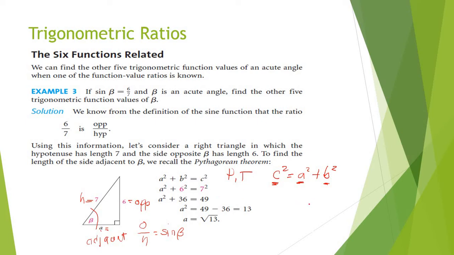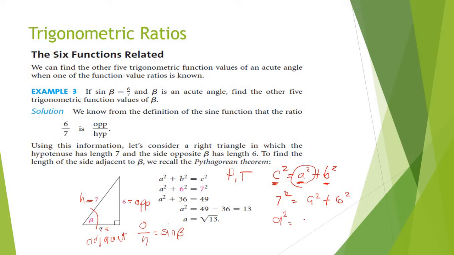In this example, he is using a as your adjacent, and we can find now the value of a squared. So what is your c, or the hypotenuse? The hypotenuse is 7 squared, and that is equal to a squared plus the value of your b, or the opposite side, that is 6 squared.